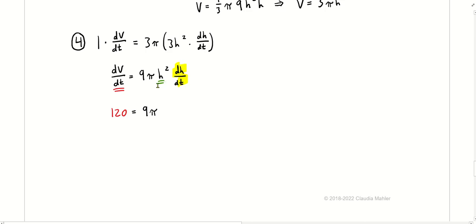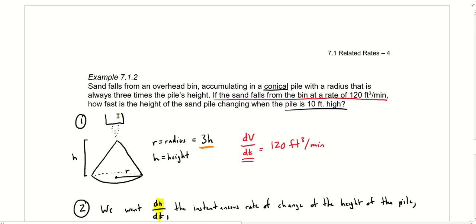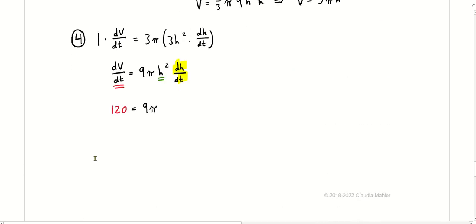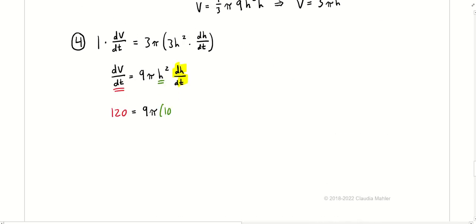What's h? Well, h is a changing quantity. It's the height of this pile. But if I look at step 2, I want the instantaneous rate of the height when h is 10. So I can go ahead and plug 10 into my value for h here.